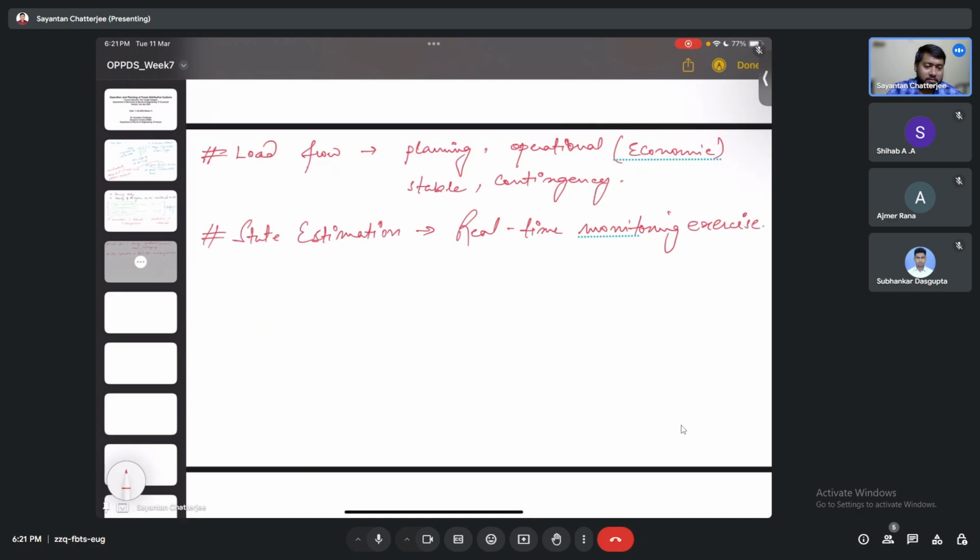My question was just to give you an idea of the basic difference between these two. Both of them give the same information, but the difference is that state estimation is a real time monitoring exercise, or distribution system monitoring exercise, and it takes the help of all the data.